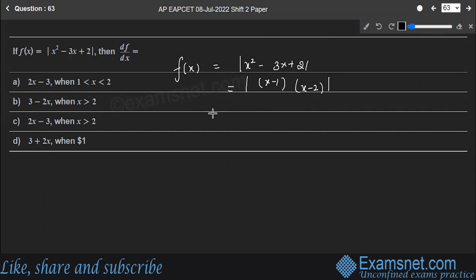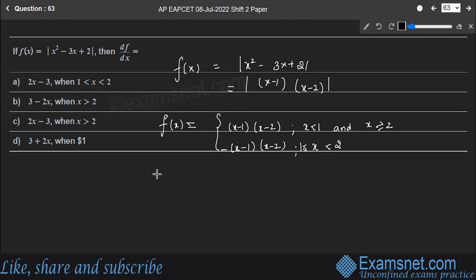Now one thing, this is the mod function, right? So that means f of x can be written as positive of (x minus 1) into (x minus 2) if x is less than 1 and greater than 2. And it will be a negative of (x minus 1)(x minus 2) if x lies between 1 and 2, right?